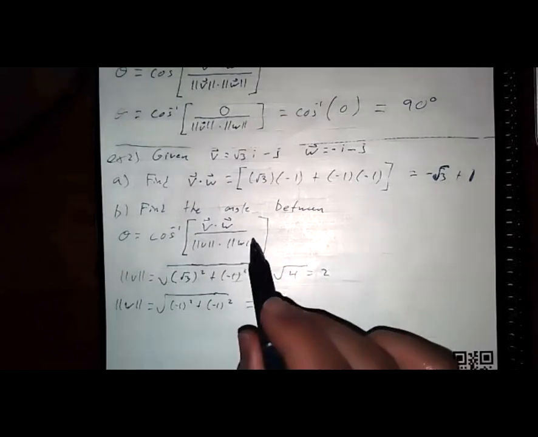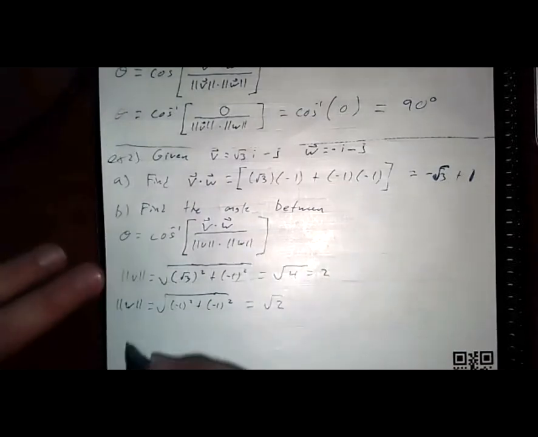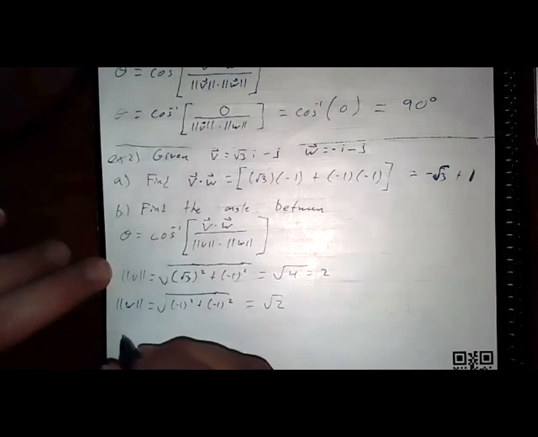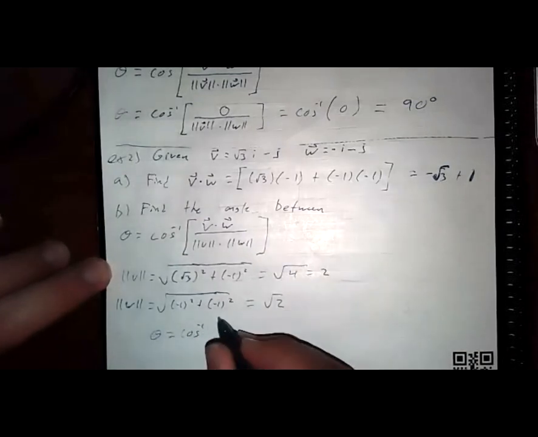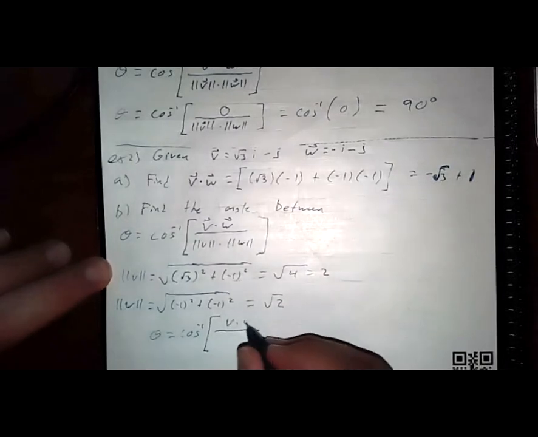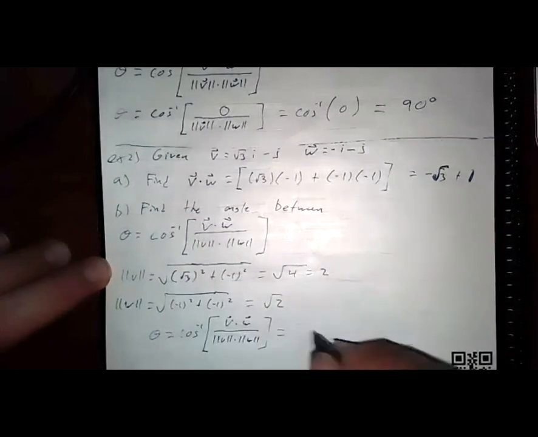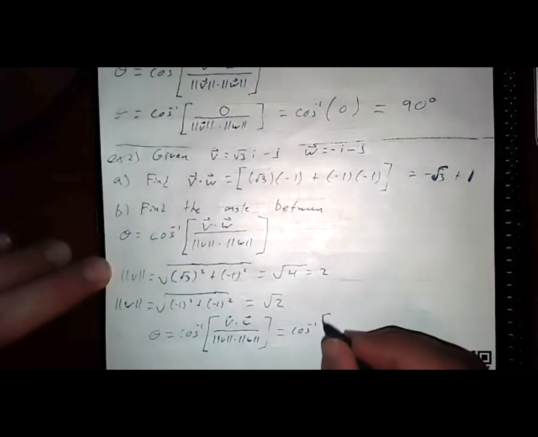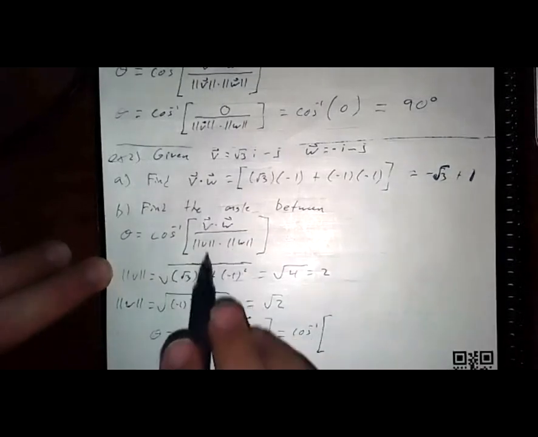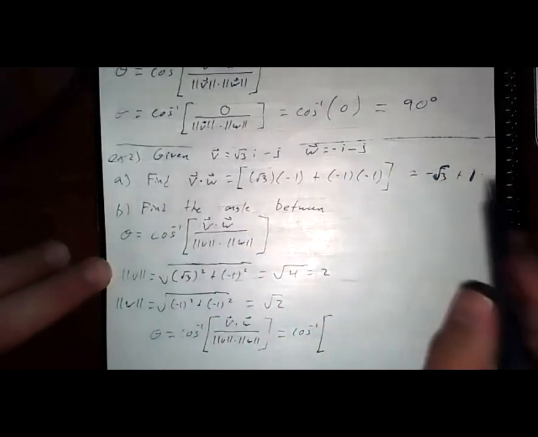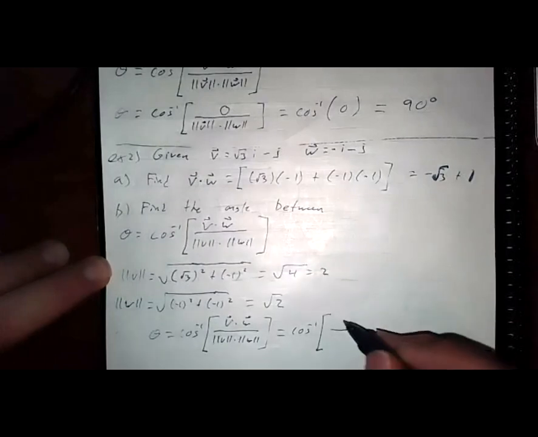So now plug it into your formula. So theta is equal to cosine inverse of v dot w over the magnitude of v times the magnitude of w, which is equal to cosine inverse of the dot product I already did up here, so I'm just going to plug that in. So up here, put minus root 3 plus 1.